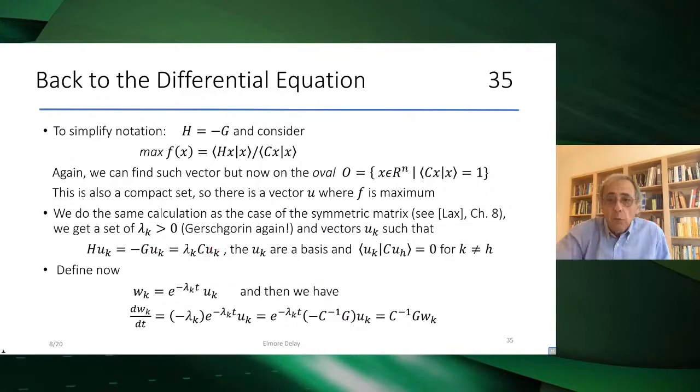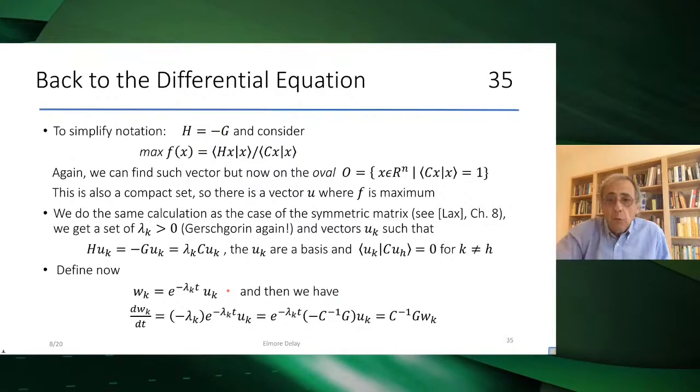But instead of the U's being perpendicular, they are perpendicular in this new metric. But there are n eigenvectors. They form a basis. They are, quote, perpendicular in this new metric in the oval.